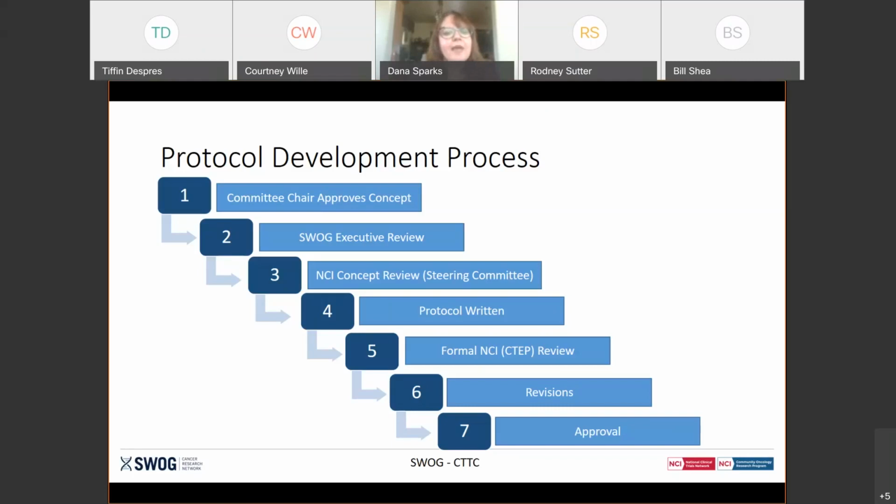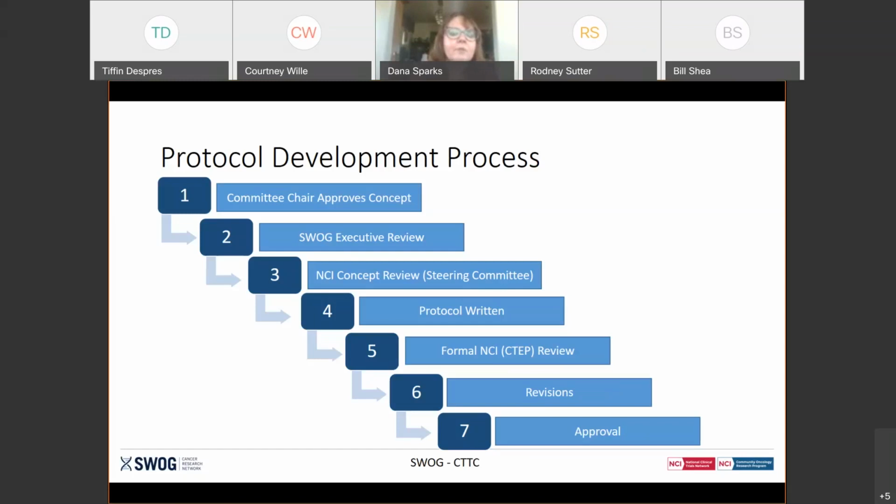If it moves past SWOG executive review, then we would submit the concept to the NCI review process. And in most cases, that involves an NCI designated steering committee. The NCI uses steering committees for a peer review process to ensure that the new studies that are being developed within the NCTN system have enough scientific rigor and answer a question that needs to be answered.